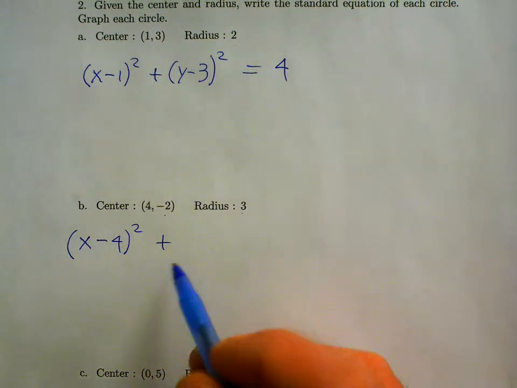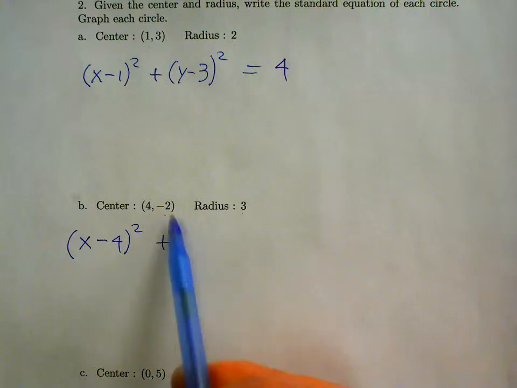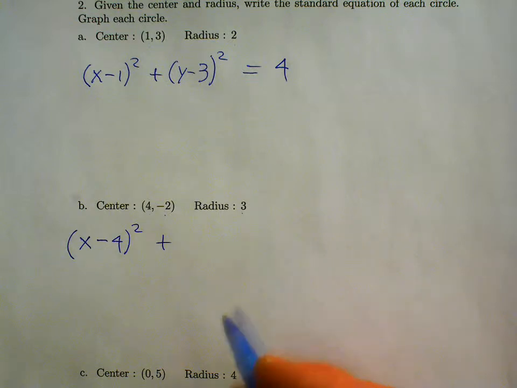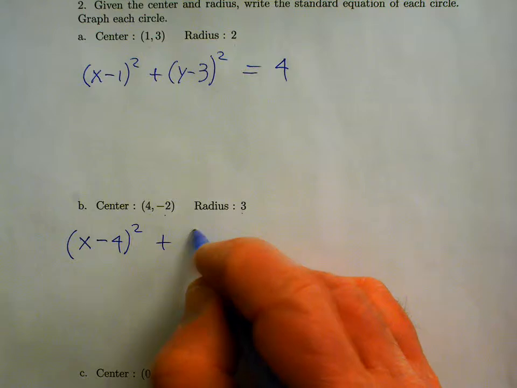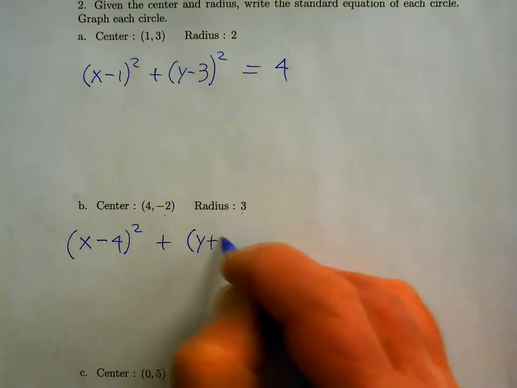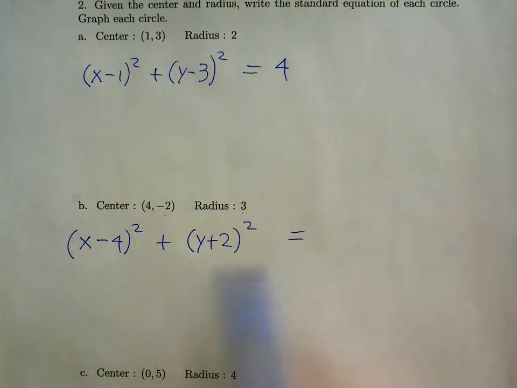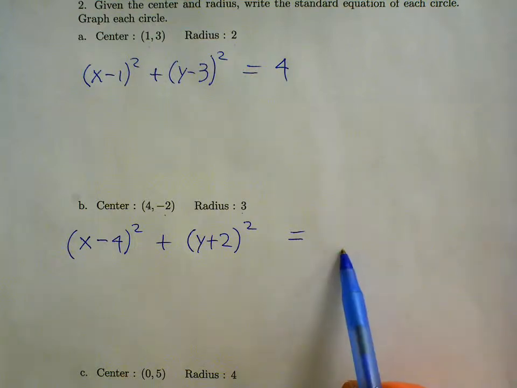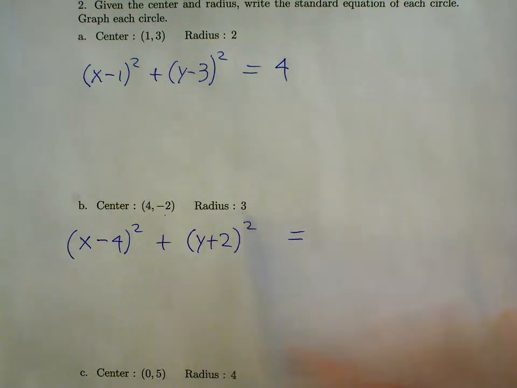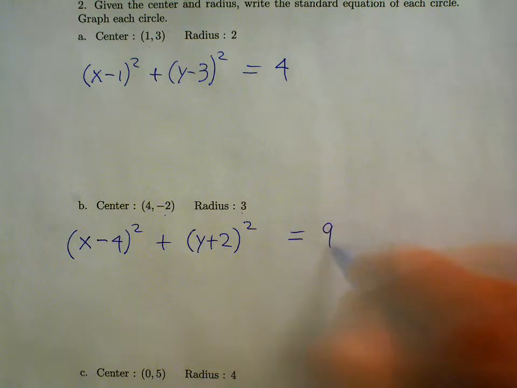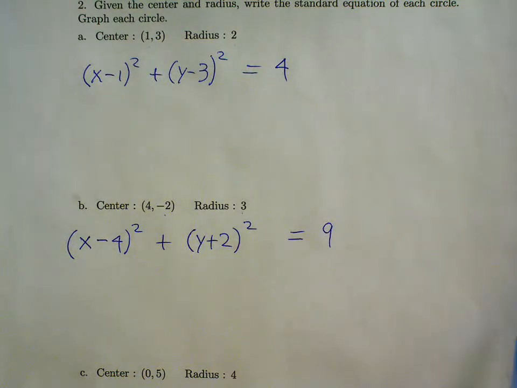We add that to the other quantity squared. The y-coordinate is negative 2. y minus negative 2 is y plus 2, so we write y plus 2 squared. And then that's equal to the radius squared. Since the radius is 3, we get 9 when we square it. So there's the standard equation for that circle.